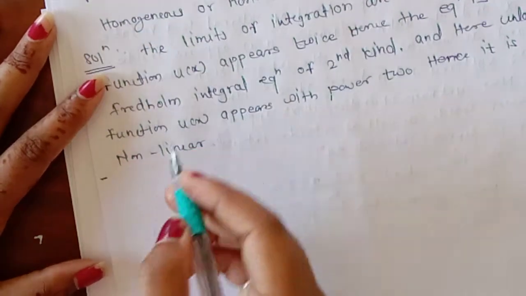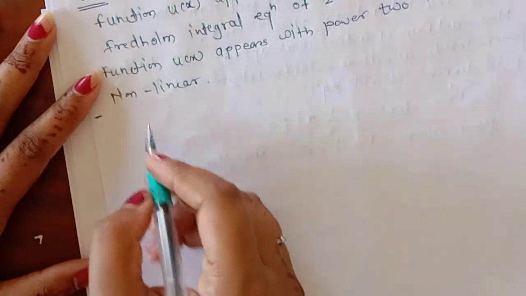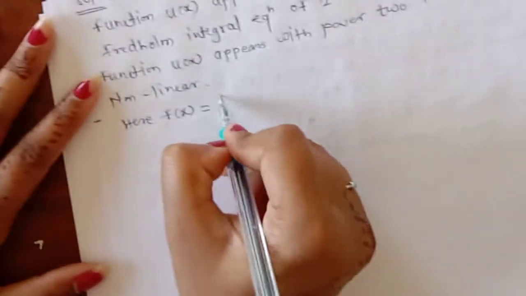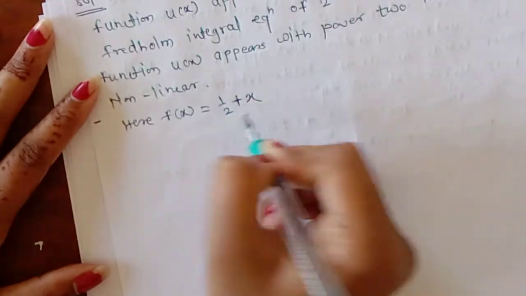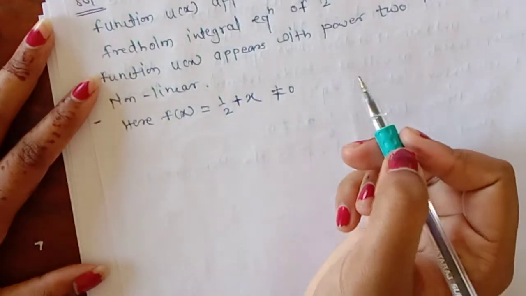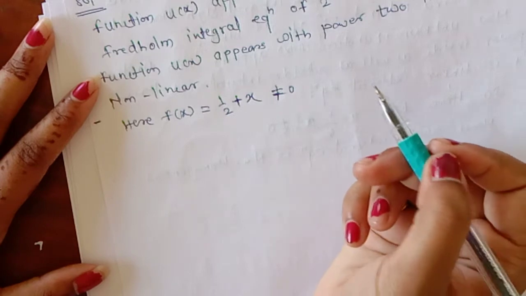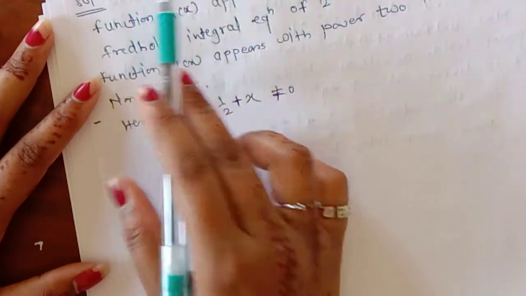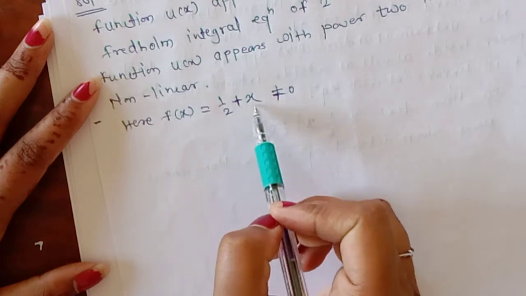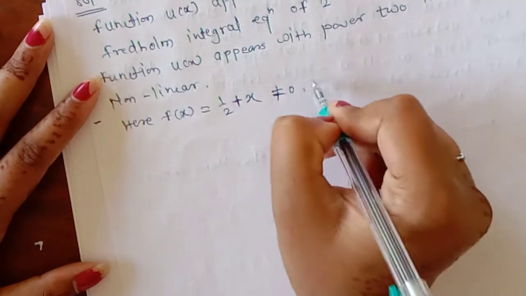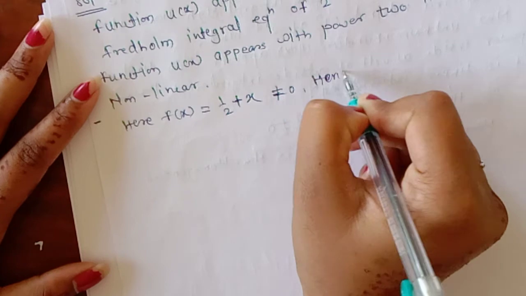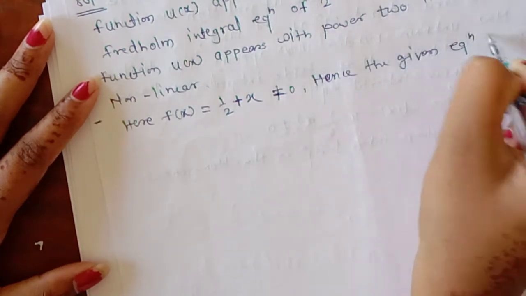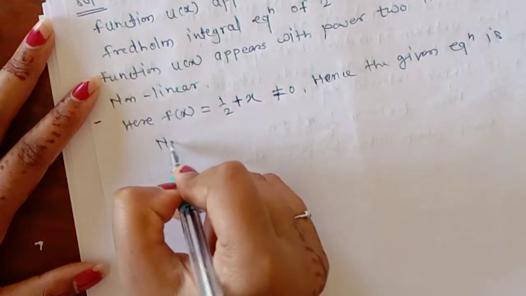Here f of x is equal to 1/2 plus x, which is non-zero. Hence the given equation is non-homogeneous.